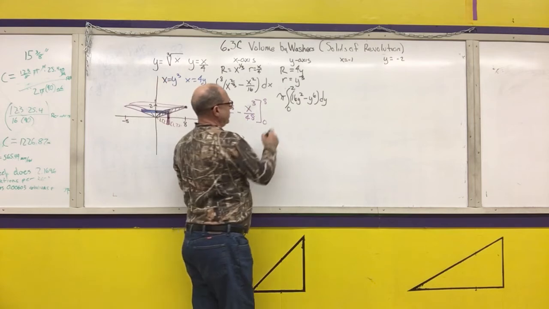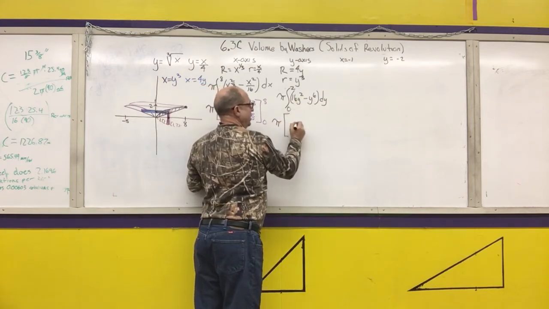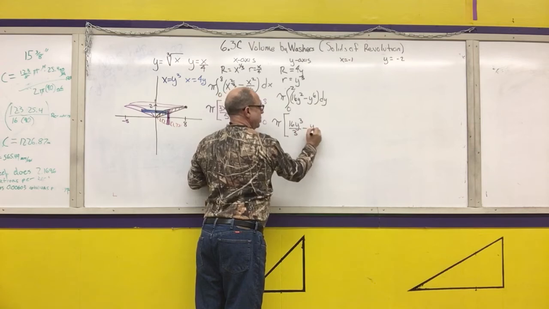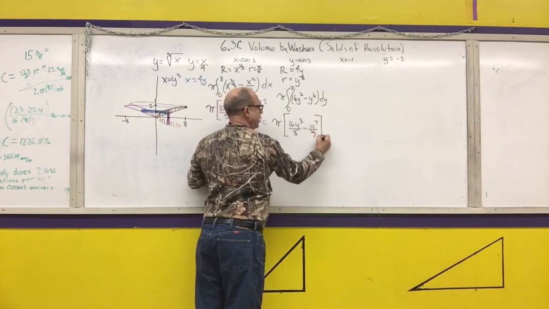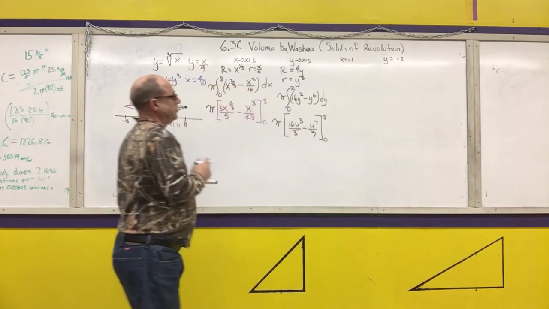Anti-differentiate. So I have pi, divide by the new exponent, add 1 to the exponent, divide by the new exponent, evaluated between 0 and 8.